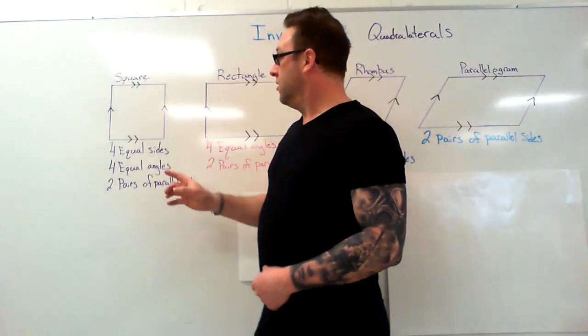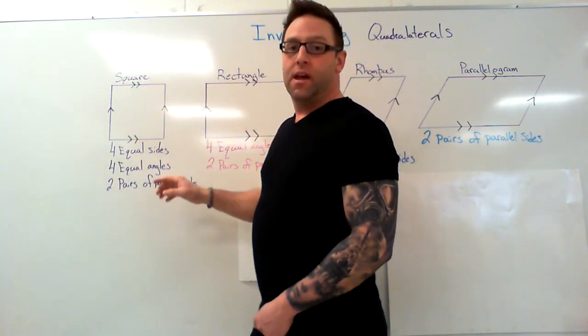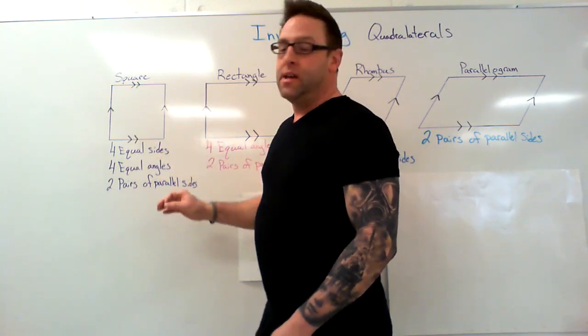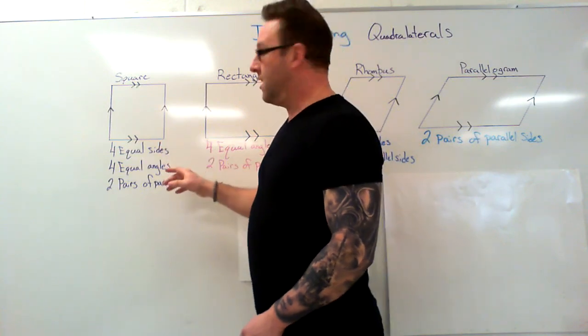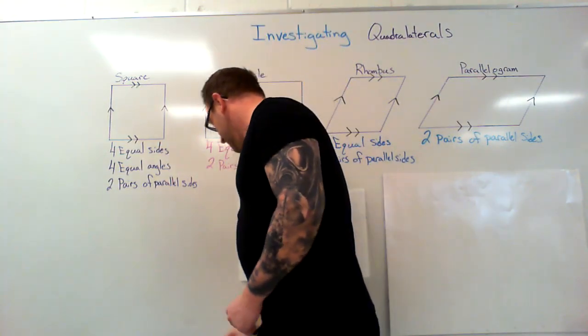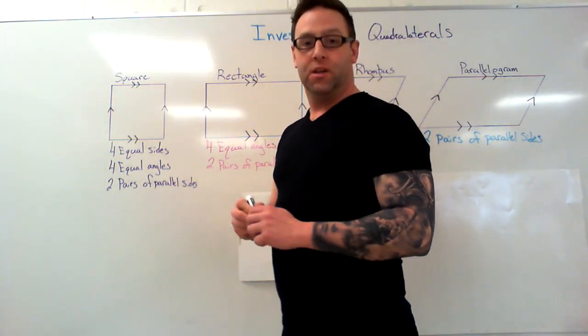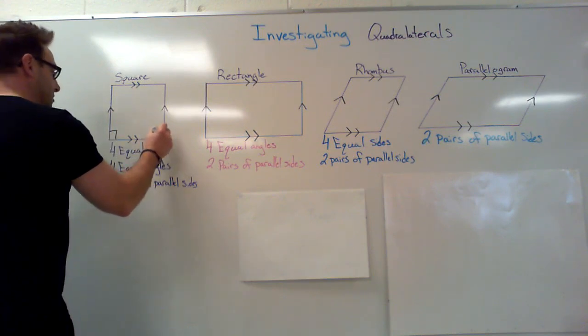When we look at the square, we have a shape that has four sides, and all these sides are equal, okay? The other interesting thing about a square is it also has four equal angles. Just like we talked about in the video with perpendicular sides, these are all right angles.